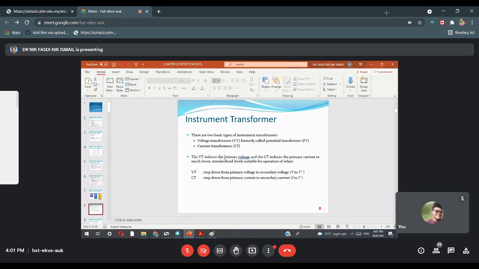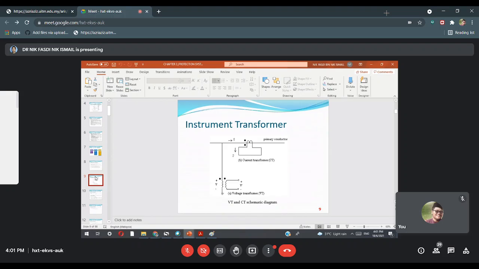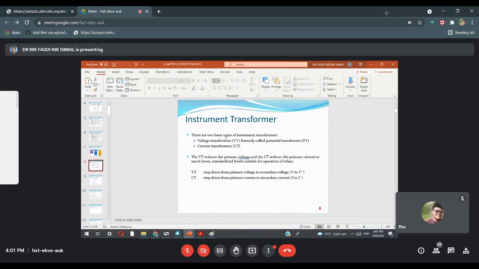Okay, okay, kat sini explanation about instrument transformer. There are two basic type of instrument transformer. Voltage transformer, formerly called potential transformer (PT), current transformer. Ya, samalah. The VT reduce the primary voltage and CT reduce the primary current to much lower standardized level suitable for operation of relay.